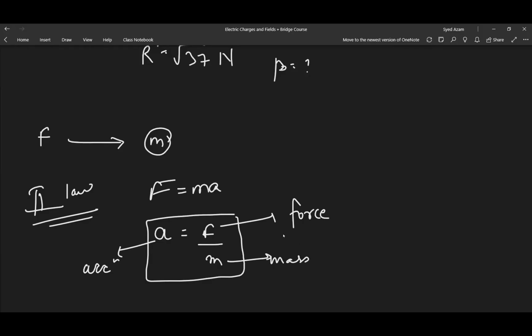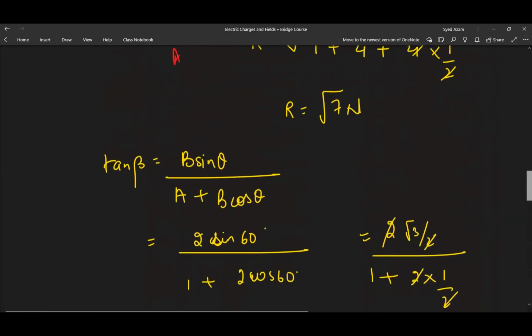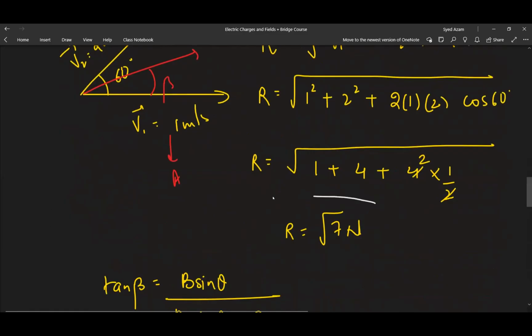In the test also, I had asked a question where you had to calculate the force, and then that resultant force was acting on a mass of 2 kg, so you had to tell the acceleration. In the first question you got root 7. Yes, ma'am, we got root 7.